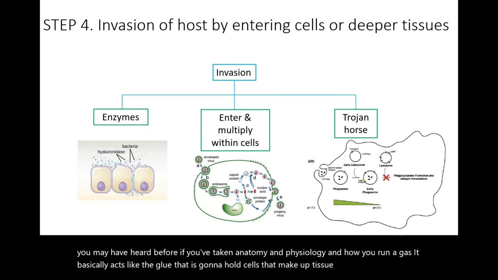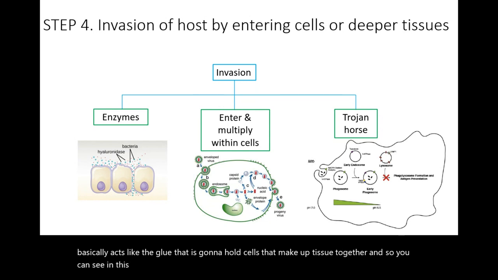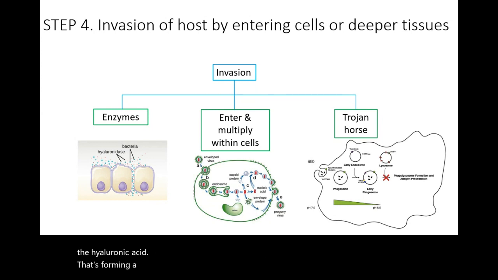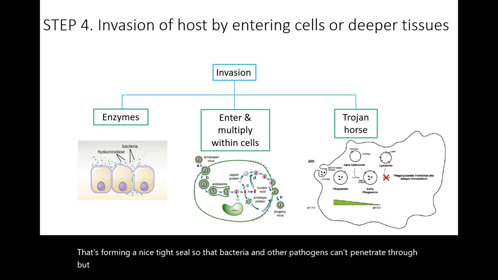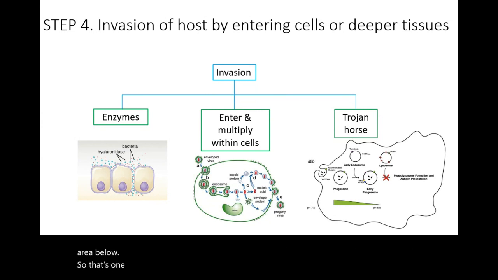You can see in this picture, the left and middle cell have that purple glue, that's the hyaluronic acid, that's forming a nice tight seal so that bacteria and other pathogens can't penetrate through. But some bacteria have an enzyme that will break apart that glue, giving them access to the area below. So that's one approach for invasion.